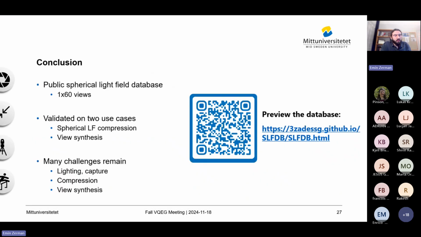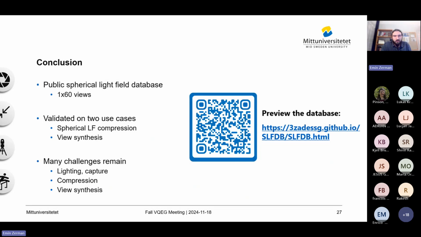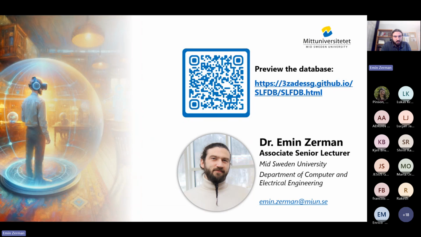So here is a conclusion summary slide: we propose a public spherical light field database, validated this on 2 different use cases, but many challenges remain, including lighting, capture, compression, view synthesis, and others as well. You can also preview the database, and this database is also on Zenodo for those who want to use it.